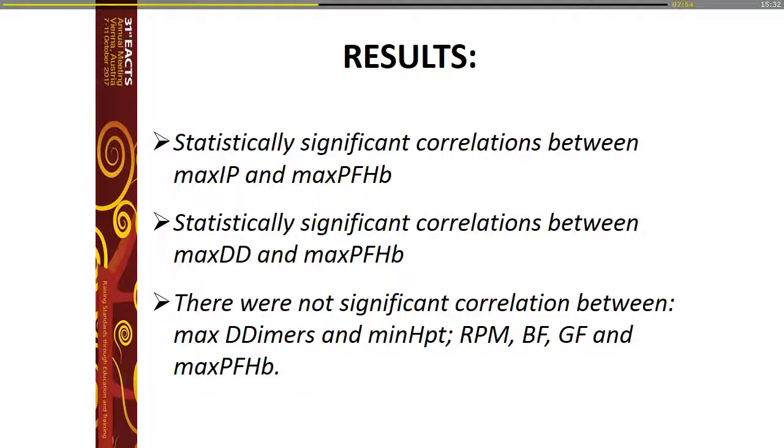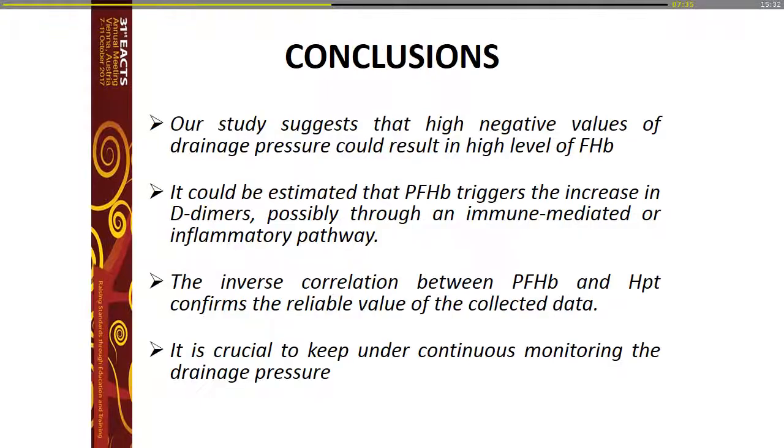However, the precise mechanism has not been identified yet, and it's necessary to have a study with a larger sample size. There was no significant correlation between maximum D-dimers and minimum haptoglobin, RPM, blood flow, gas flow, and maximum free hemoglobin. And our study suggested that a high negative value of drainage pressure could result in a high level of free hemoglobin.